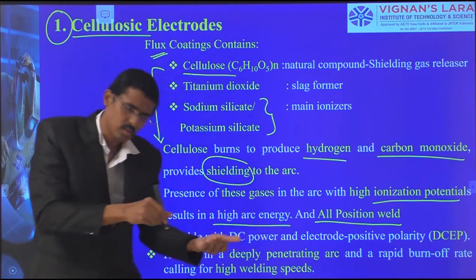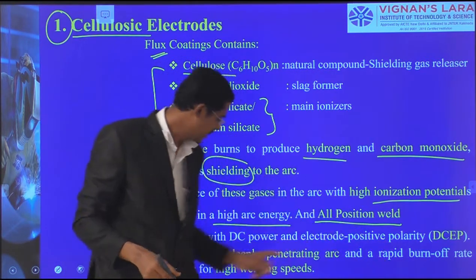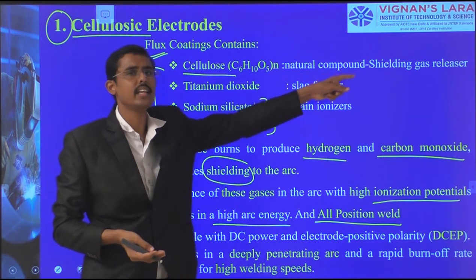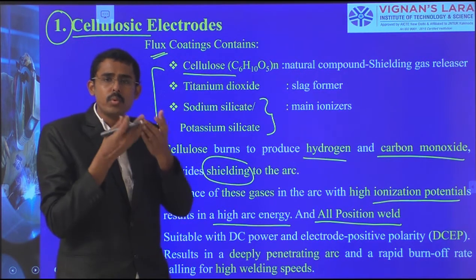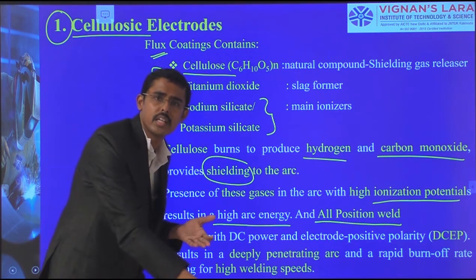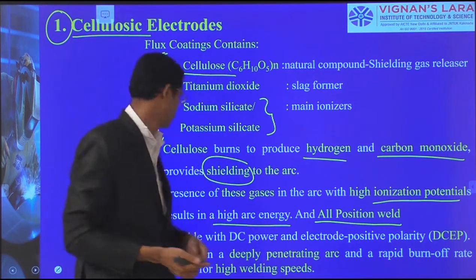We can move fast to the next locations. So the burn off rate is high and therefore the welding speed is also high. The cellulose shielding gas provided improves the arc stability, the shielding, the welding speed and the deeper penetration. So such advantages are there in this cellulose electrode.